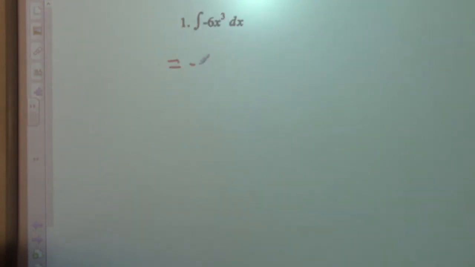So we can write this as -6 integral of x cubed dx. Does everybody see that? Okay, everybody taking that down, I hope?